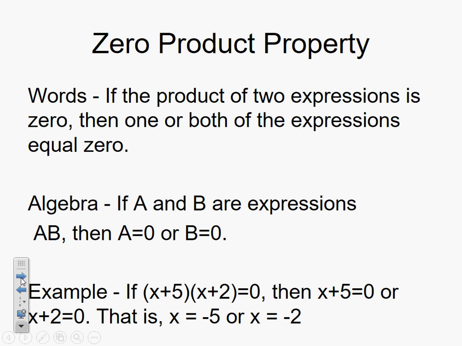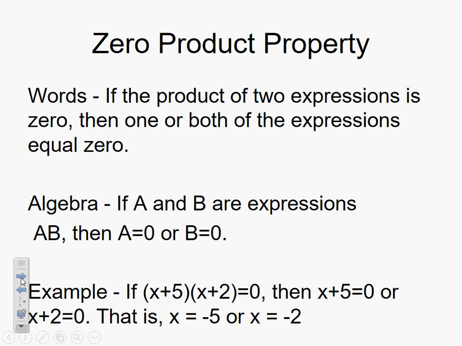Zero product property. All right. You guys don't have to write this part down, okay? In words, the zero product property is if the product of two expressions is zero, then one or both of the expressions equals zero. In algebraic terms, if A and B are expressions, then A times B equals zero means A equals zero or B equals zero.